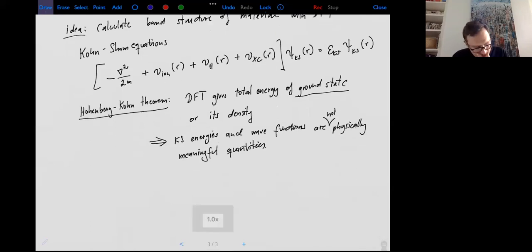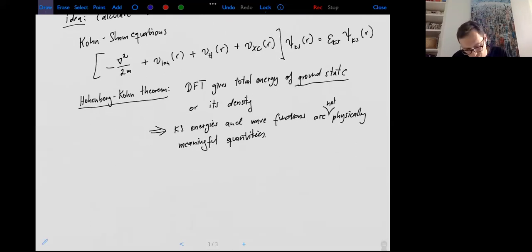So there is an important exception to this rule, and that is that in exact DFT, the Kohn-Sham energy of the highest occupied molecular orbital is actually minus the ionization potential, and that is known as Janak's theorem.